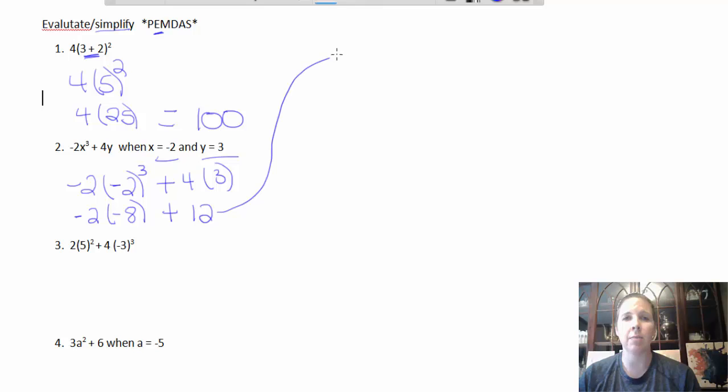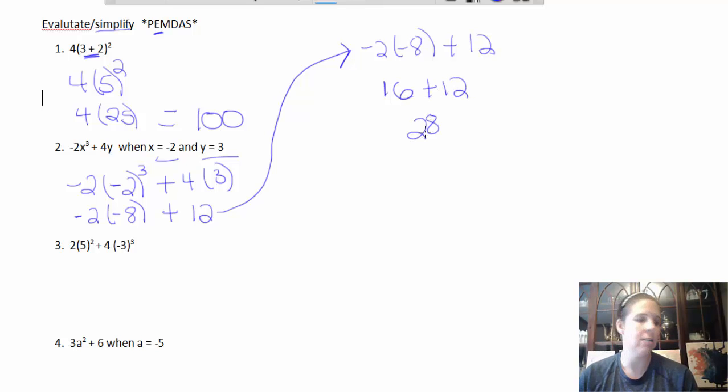I'm going to bring this up here. So we have negative 2 times negative 8 plus 12. Negative 2 times negative 8 is 16 plus 12, 28. Is that right? I just kept going. I wasn't checking. Okay, so that's the answer to number 2 there.